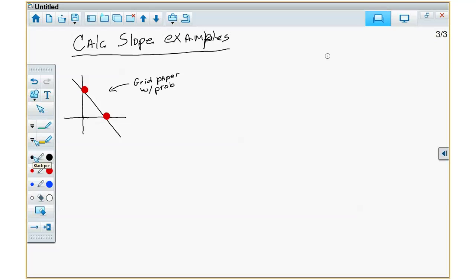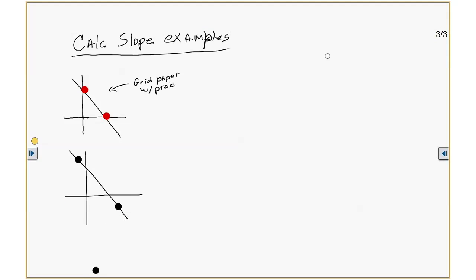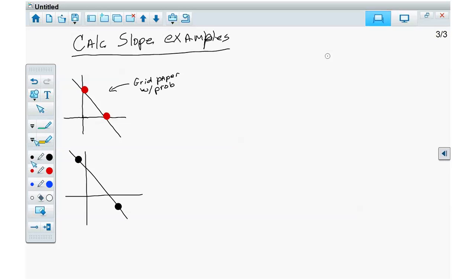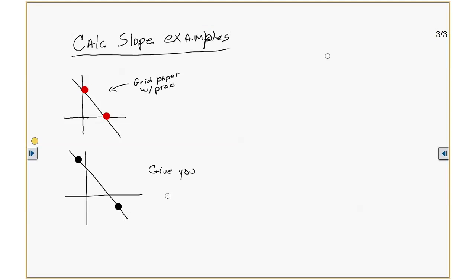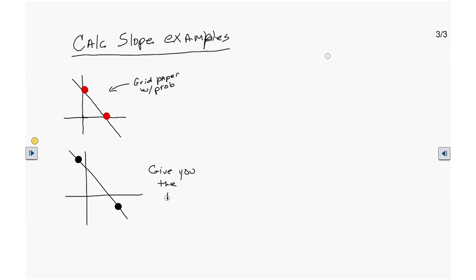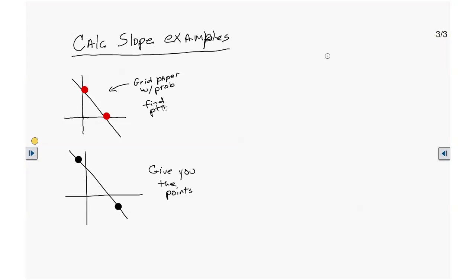In the second type problem, you'll have a line, and they will give you 2 points. The black dots mean that they give you the points. So in this problem, they give you the points. And here, you have to find the points to start with.